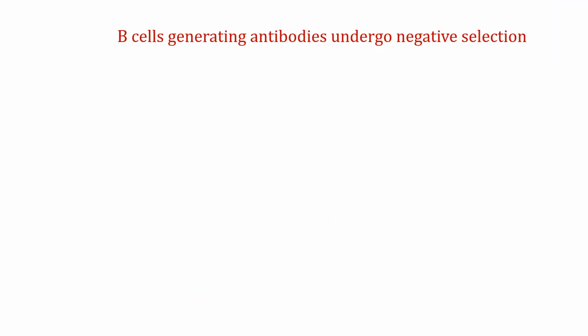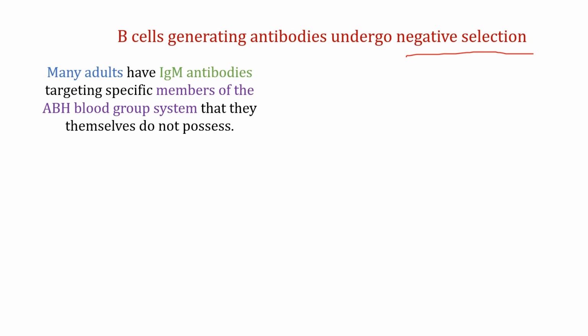Now we understand that B cells generating antibodies undergo negative selection. So many adults have IgM antibodies targeting specific members of the ABH blood group system that they themselves do not possess.